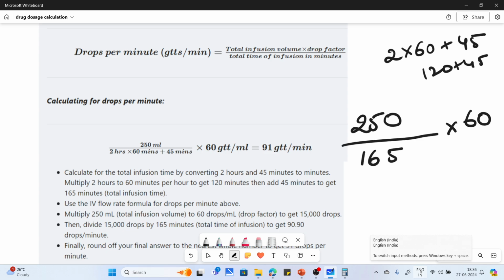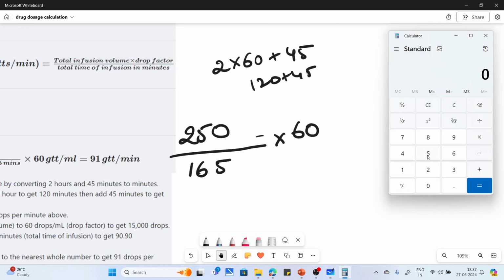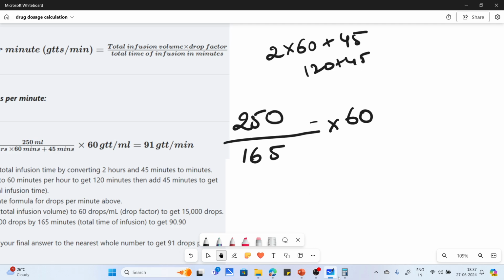So better to multiply the two numerators and divide by the denominator. Let me calculate here. 250 into 60 is equal to 15,000. It is divided by 165 and you will get a rate of around 90.